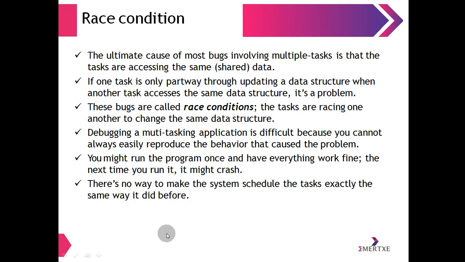It means that suppose there are two tasks being processed simultaneously. Now suppose at a very specific moment, both tasks access the same specific data or the same data structure. So what will happen? The processor will not understand which task should get the resource allocation.